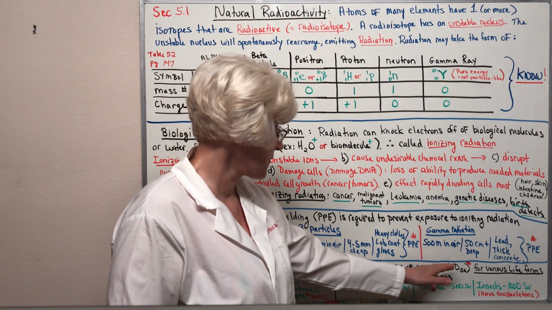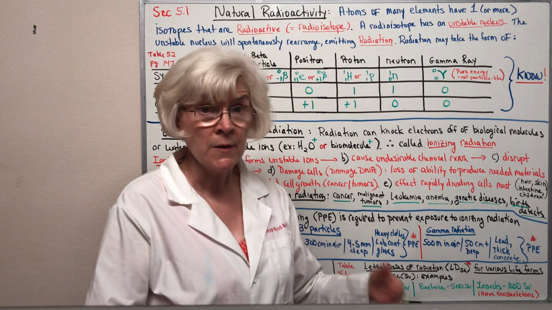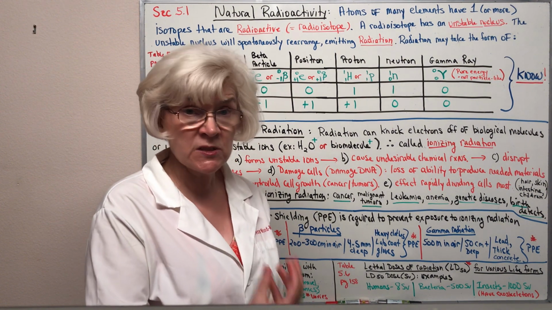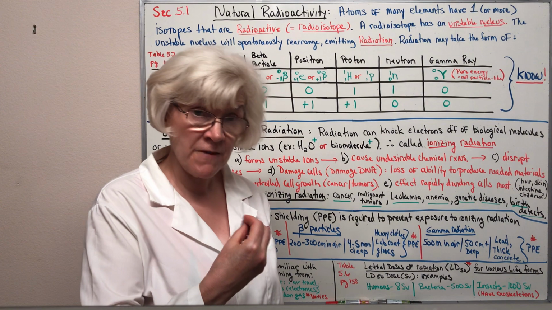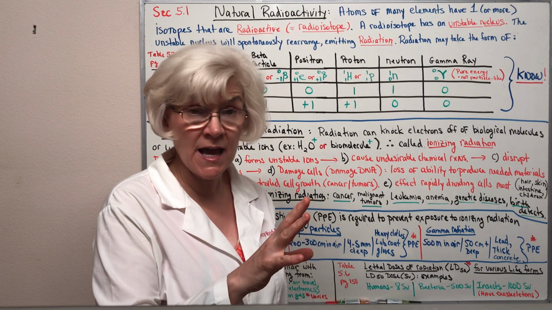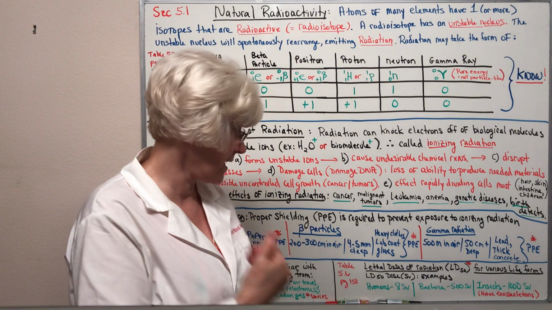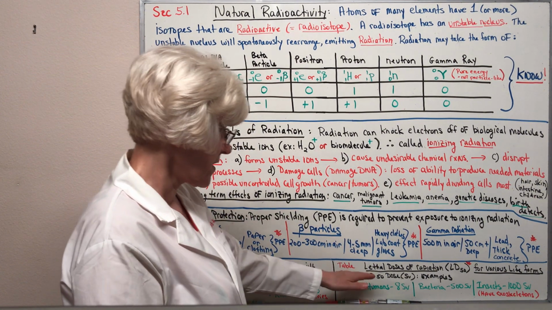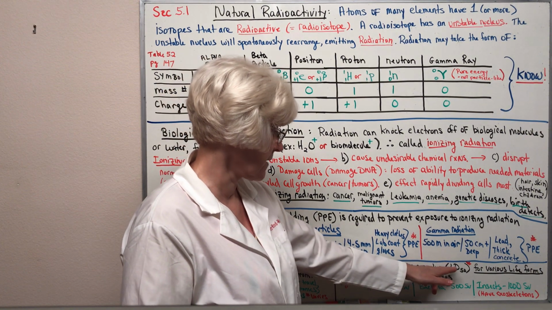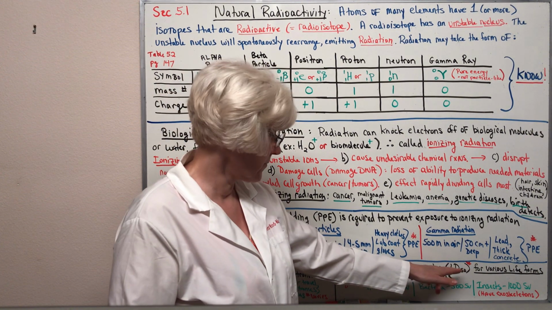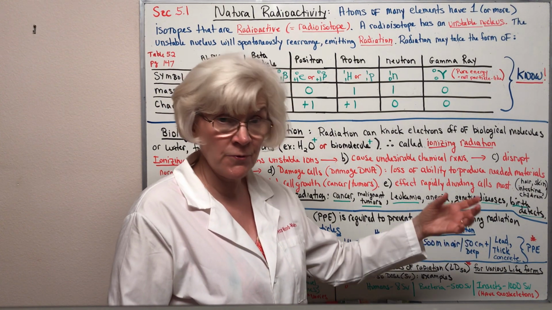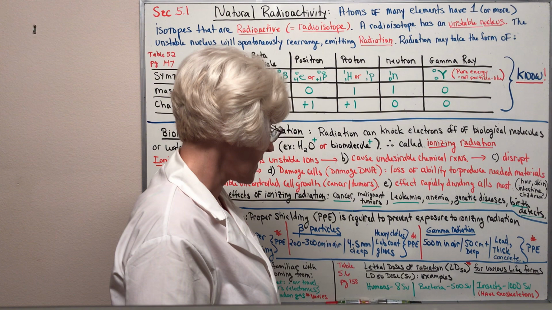And that stands for lethal dose, whole body radiation exposure that is expected to cause fatalities in 50% of the population that receives this whole body radiation exposure. So that's what we're talking about when we talk about lethal dose of radiation, the amount of whole body radiation expected to cause fatality for 50% of the population.